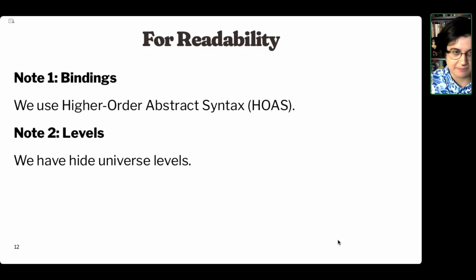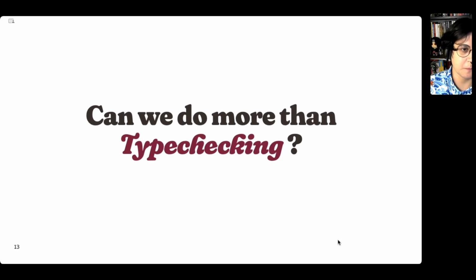I want to make it explicit here that we are using higher order abstract syntax, and we hide universe levels in Agda. If you're looking at this code and thinking, oh, this is not going to work, it's because we have removed the levels to make it easier to read.